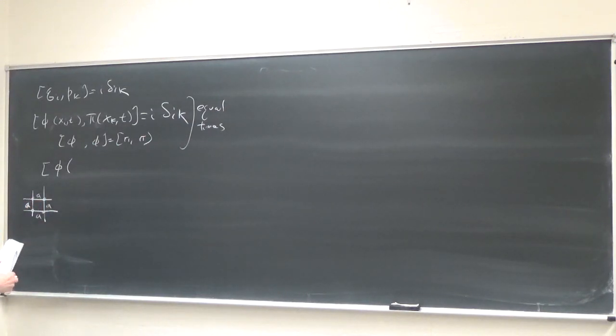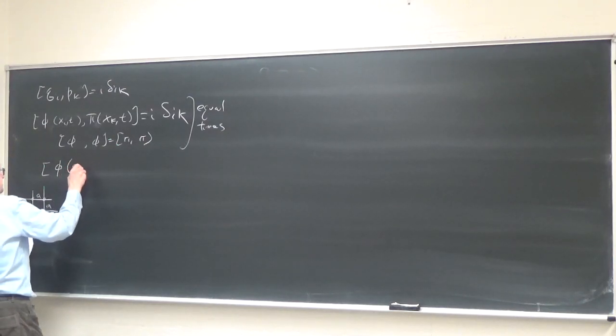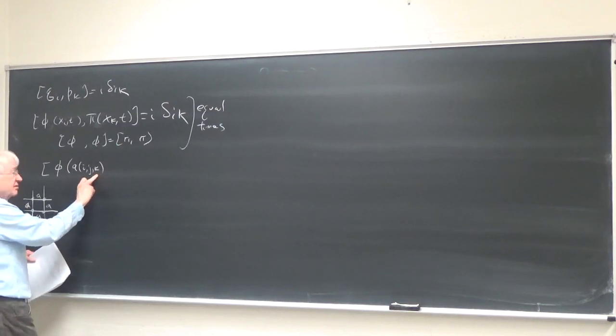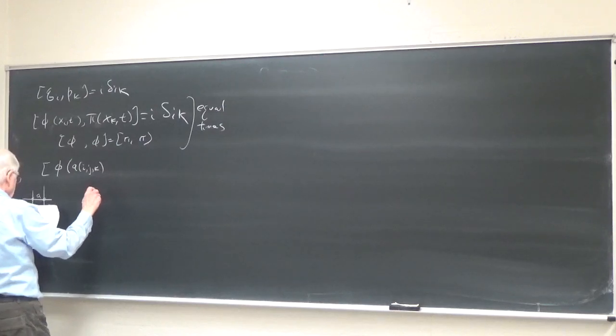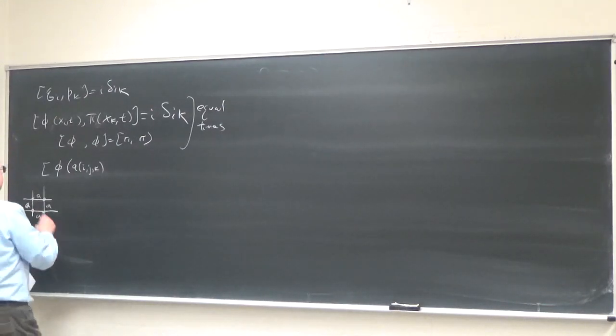And we can think of gauge fields as being on the links in one way or another. And then we can say phi at position lattice spacing A times ijk, where this is a 3-vector of integers, and A is the lattice spacing. And we can imagine these are all at time 0.